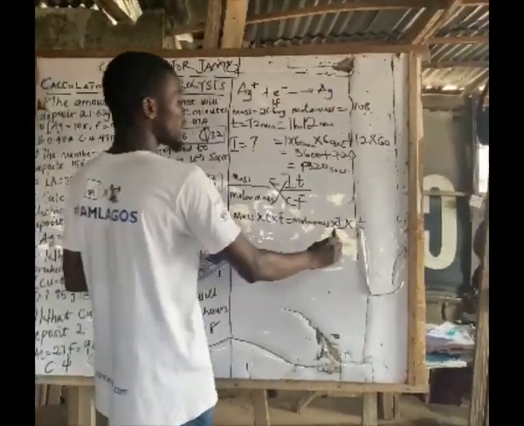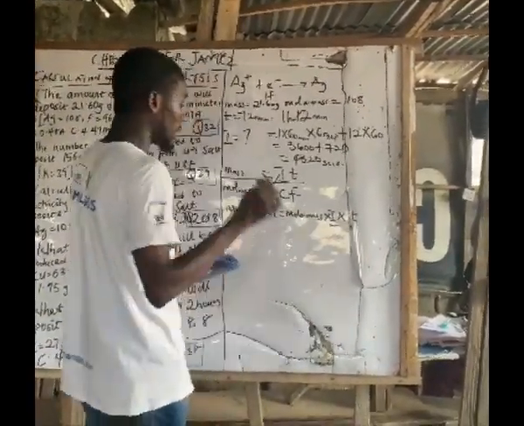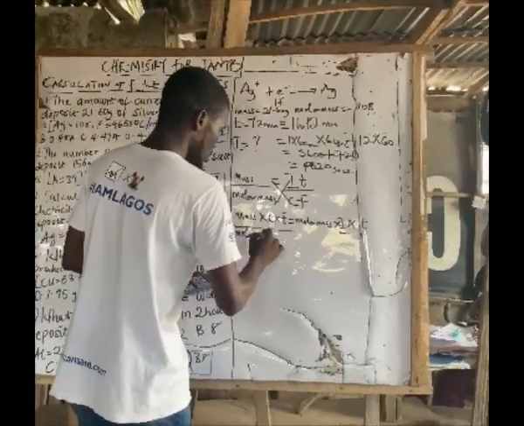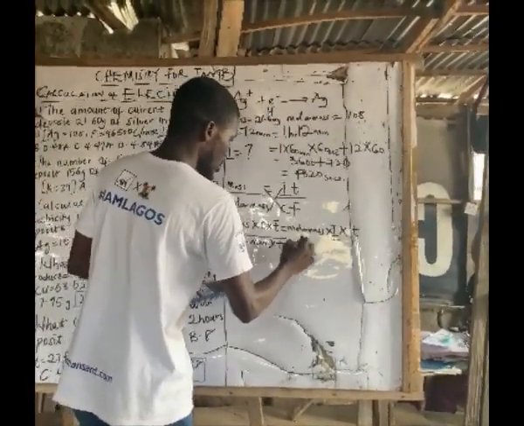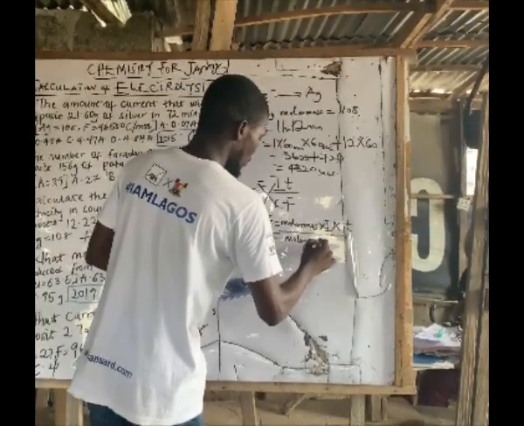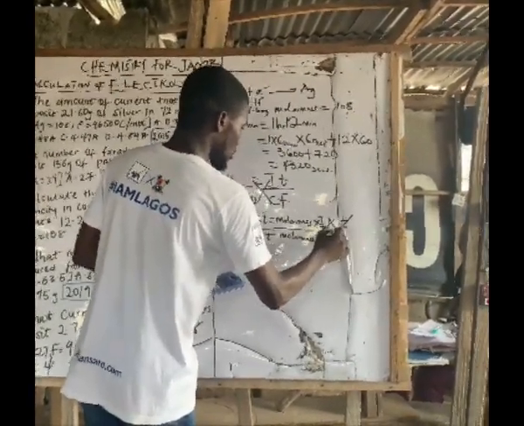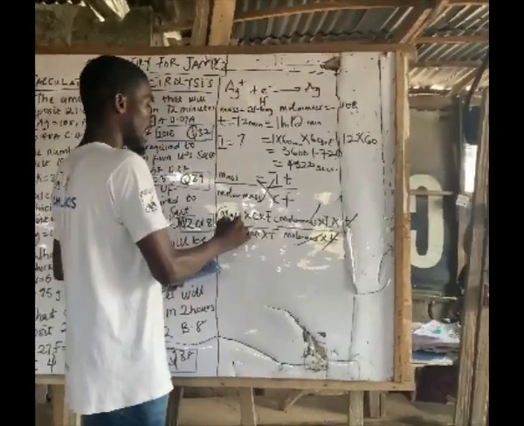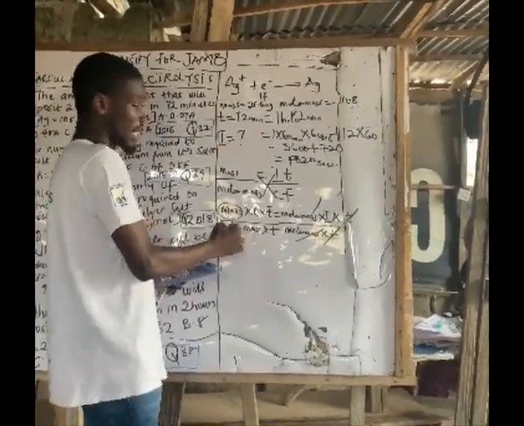Now for you to make I the subject of formula, divide both sides by molar mass times T. This cancels this, so we have I. I'll be using small letter m for mass and capital letter M for molar mass.